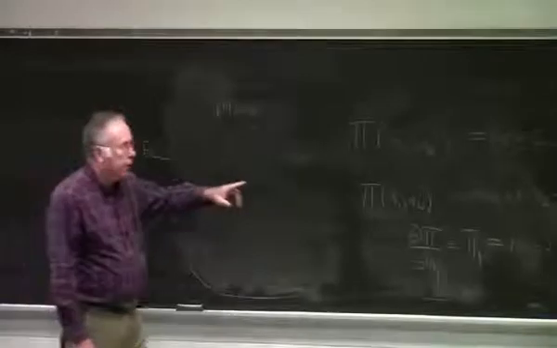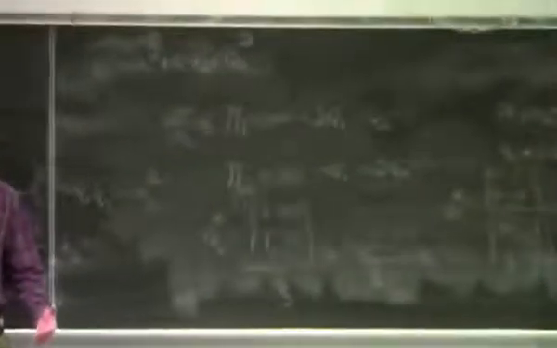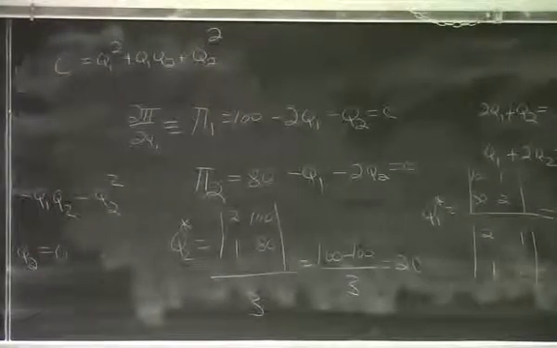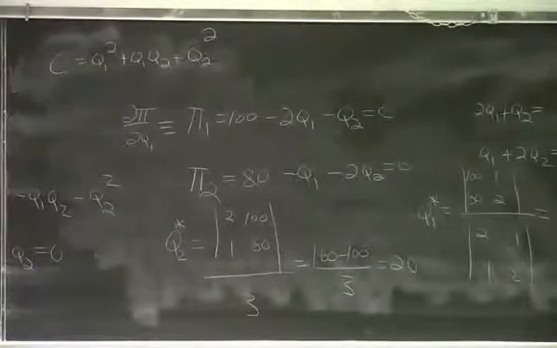Well, notice the first derivatives are this. Partial pi, partial q1. We're defining that to be pi 1. So instead of f sub xx, what are we going to use for the second derivative of profit with respect to q1?